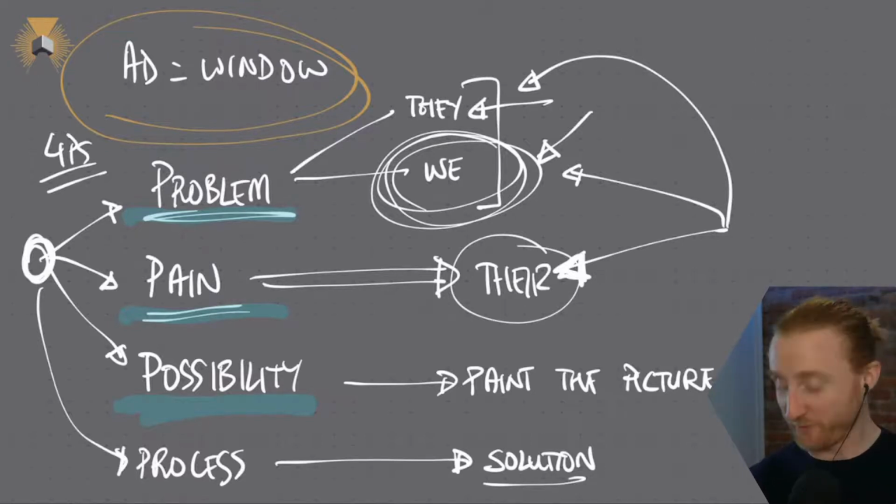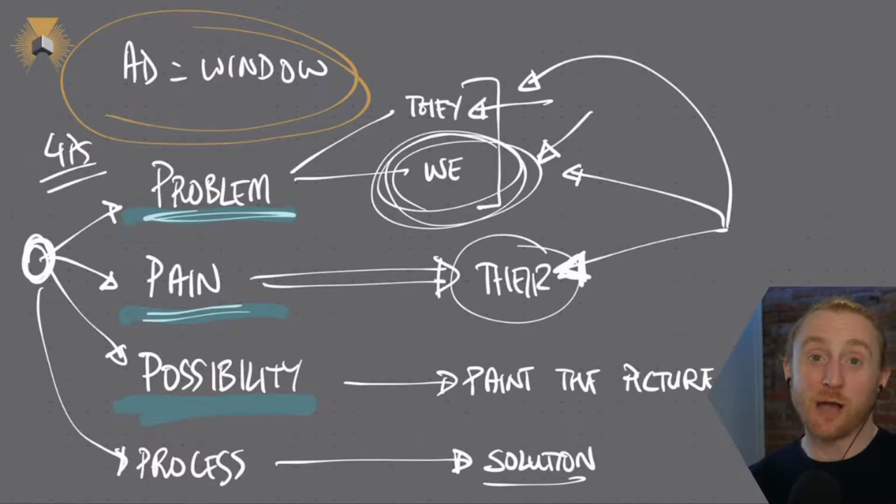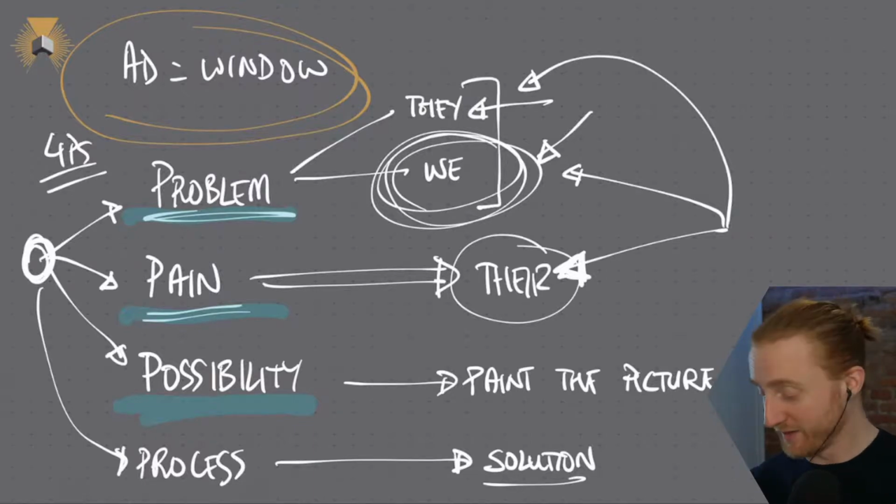So in this example, let's apply it to my business. The problem people have is they're trying to sell online courses, but they hate the way they're forced to do it, because they're told you have to launch, and that's the only way they have found that works. They might have tried an evergreen funnel, but that didn't get them the consistency they're looking for. So they're experiencing a bunch of pain because they don't enjoy the way they sell their products.